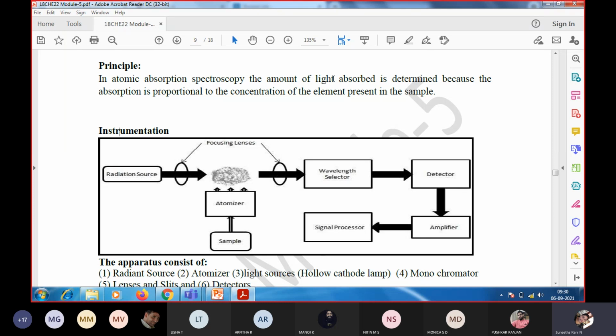The next is atomic absorption spectroscopy. It is also like flame photometry, but here it will not emit light radiations. Here we are determining at the atomic level the amount of light absorbed, which is proportional to the concentration of the element.